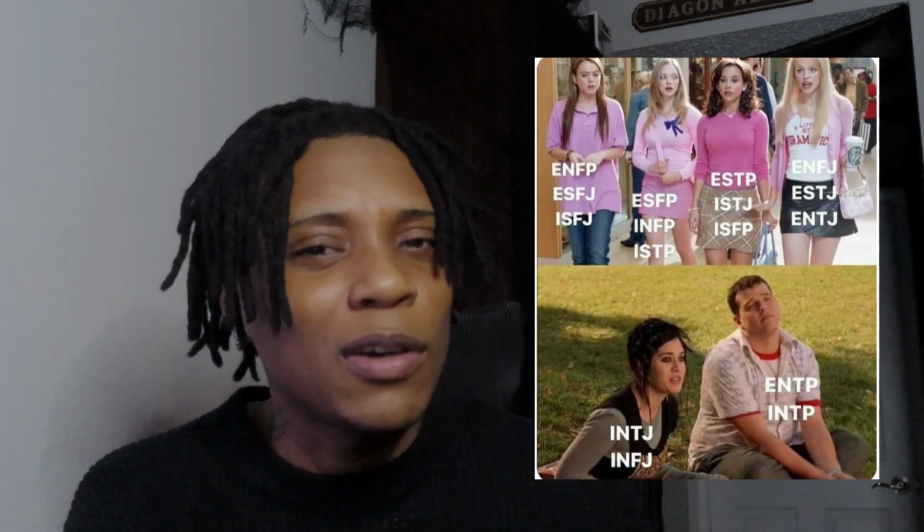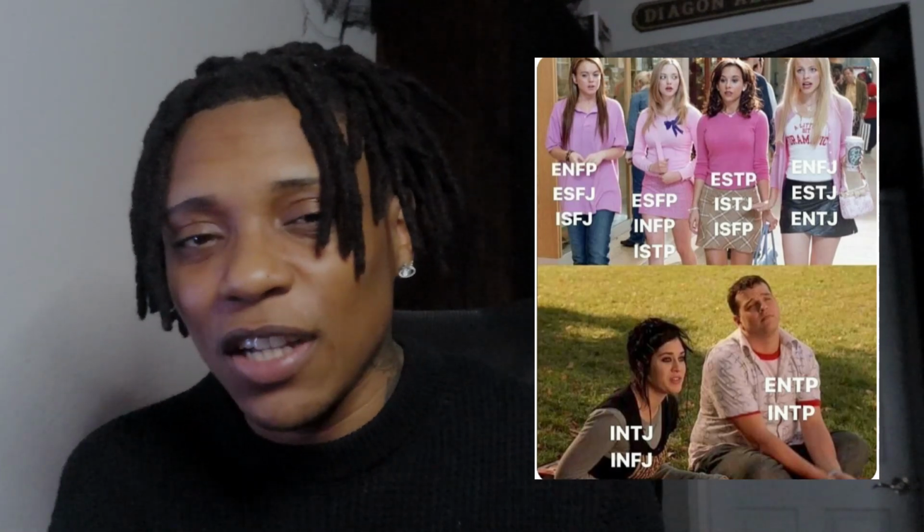Next up, I believe this is Mean Girls. I don't know, I think that's Mean Girls. And up top here, this is a lot of people up here: ENFP, ESFJ, ISFJ, ESFP, INFP, ISTP, ESTP, ISTJ, ISFP, ENFJ, ESTJ, ENTJ up top. And those are the characters.